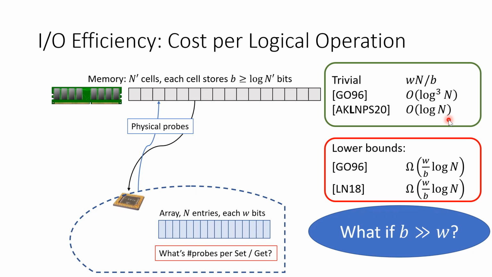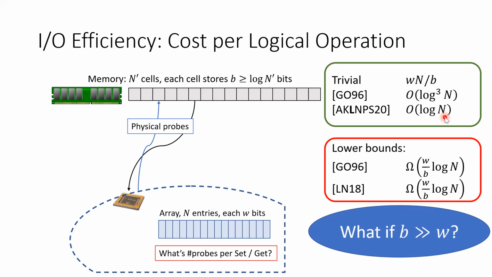The answer is these upper bounds implicitly assume that B is greater than W. In all these B greater than W case, the number of probes or the I/O efficiency just depends on N, not on B, because increasing B doesn't help with these constructions.